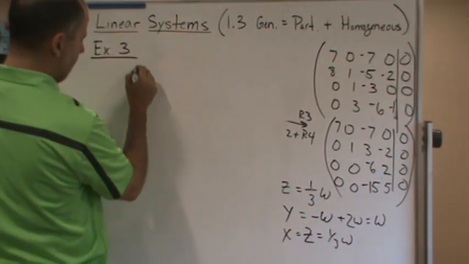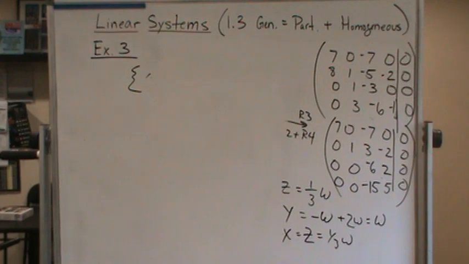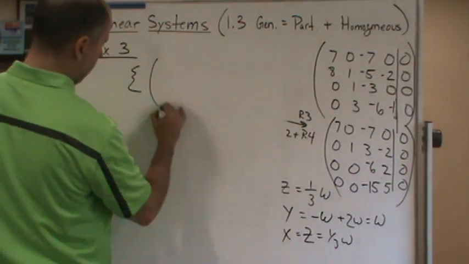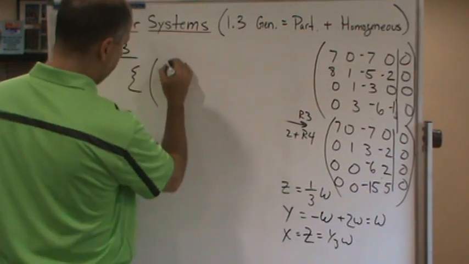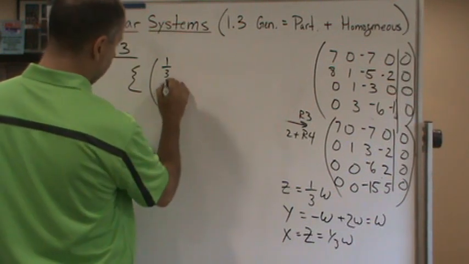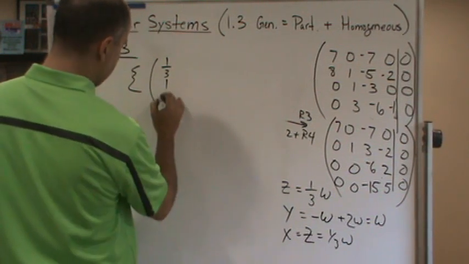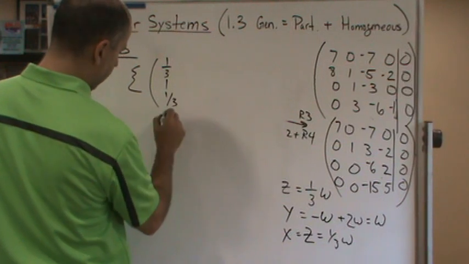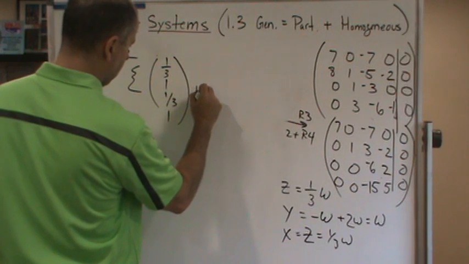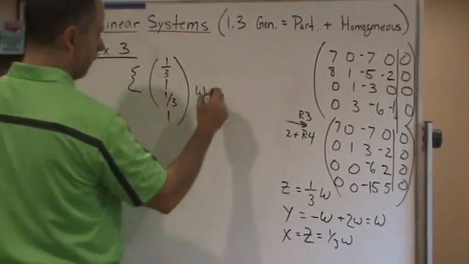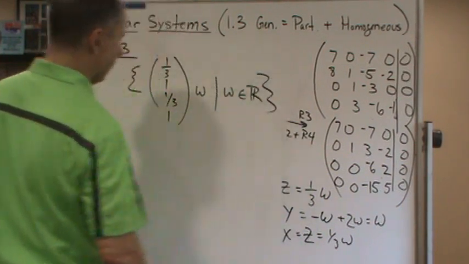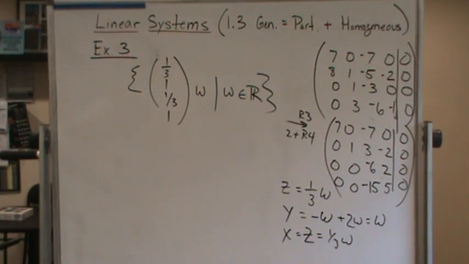It's going to be the set of vectors with X is 1/3, Y is 1, Z is 1/3, and W is 1, times W, such that... okay, so there's our solution set.